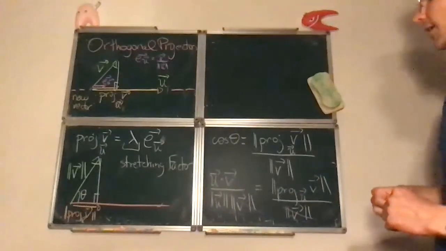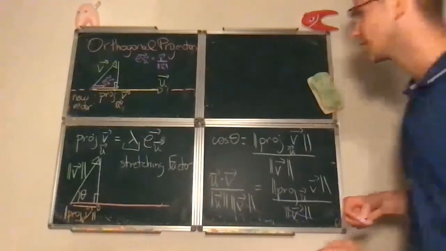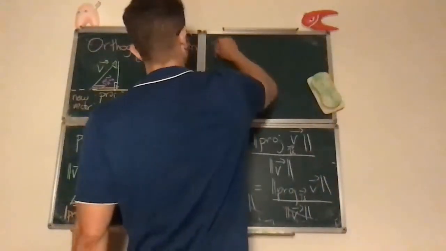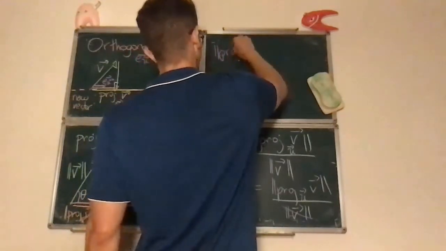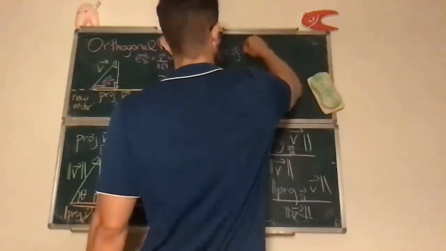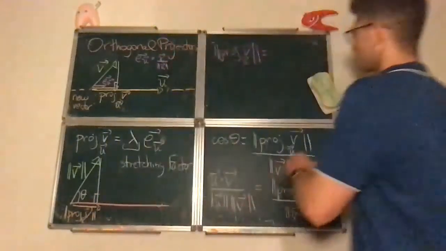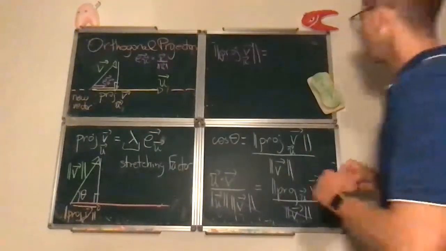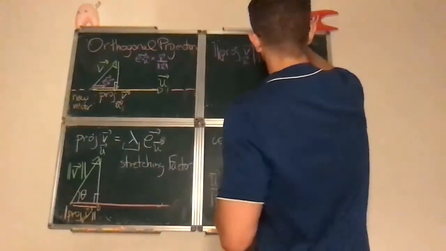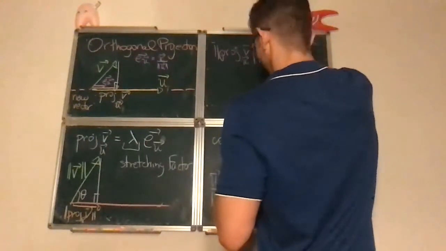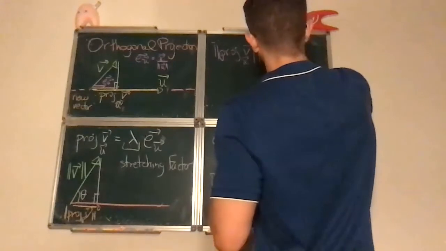And so we find the formula that tells you that the size of the projection, and this is key, is just u dot v over the norm of u.